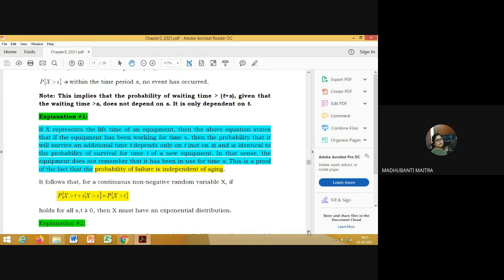So even if we try to find out the survival rate of an old equipment, we are effectively finding out the survival rate of a new equipment or new component. Have you understood this? Yes.